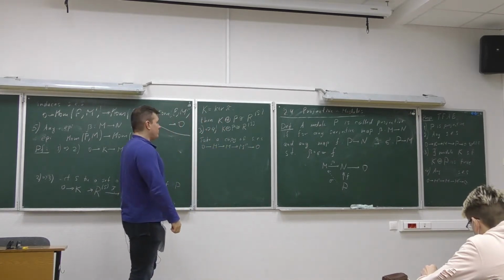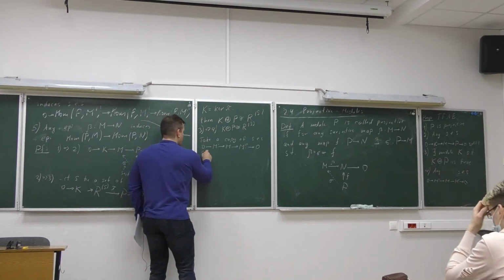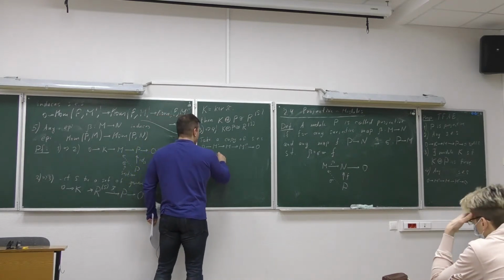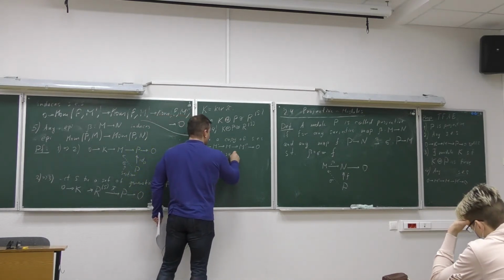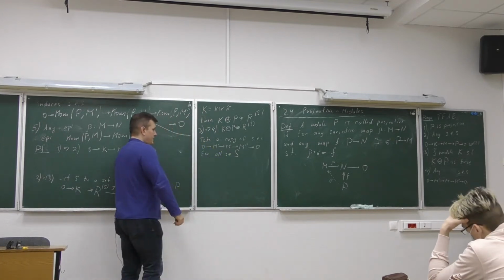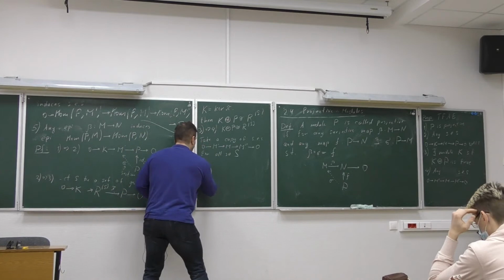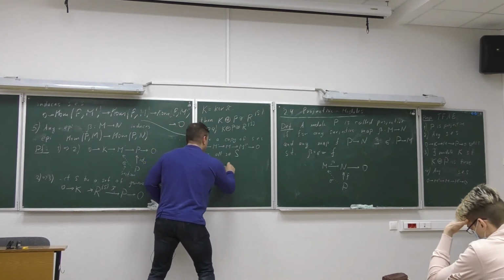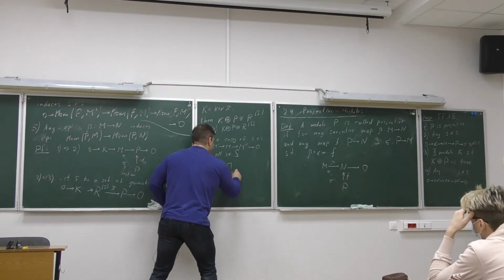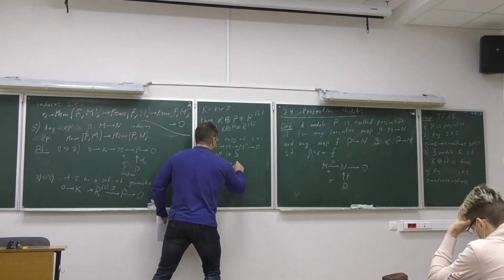So take a copy of the short exact sequence for all little s in the capital S. And then we can take the product. So let's take a product of short exact sequences. We know that if you take a product of short exact sequences, we get a short exact sequence.